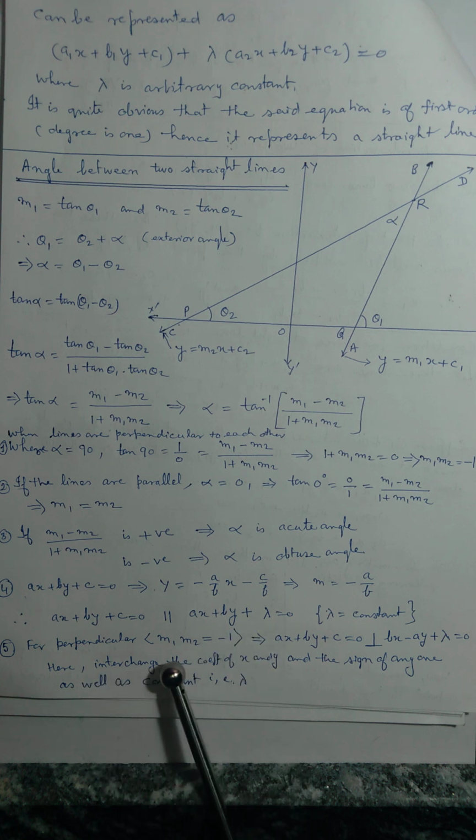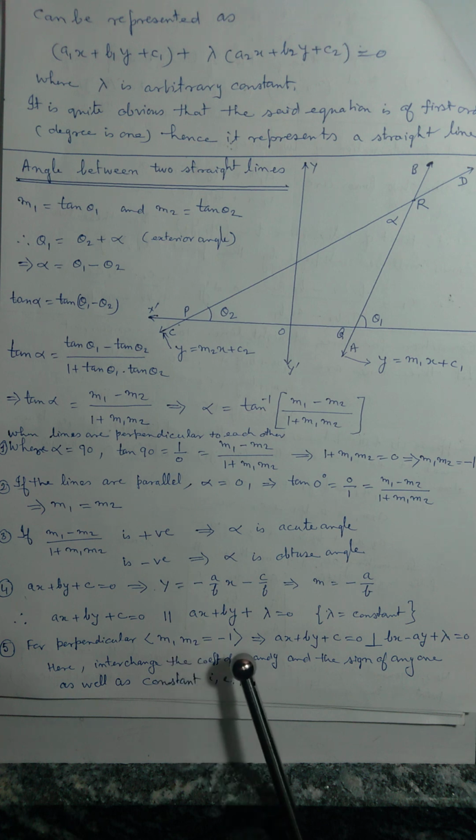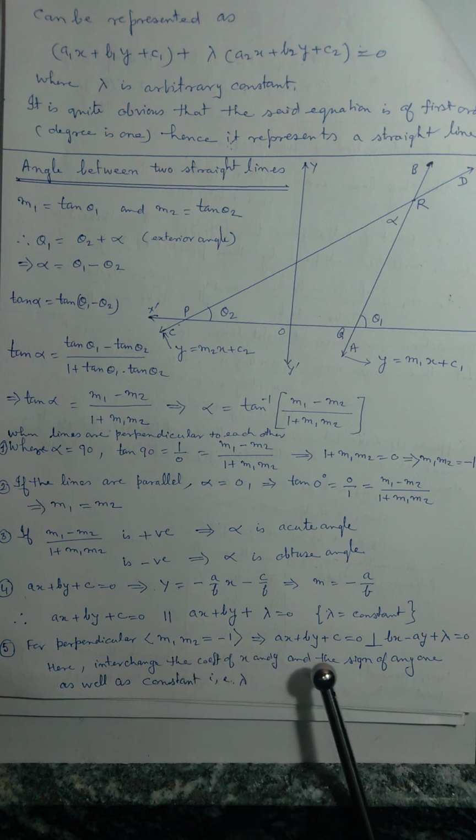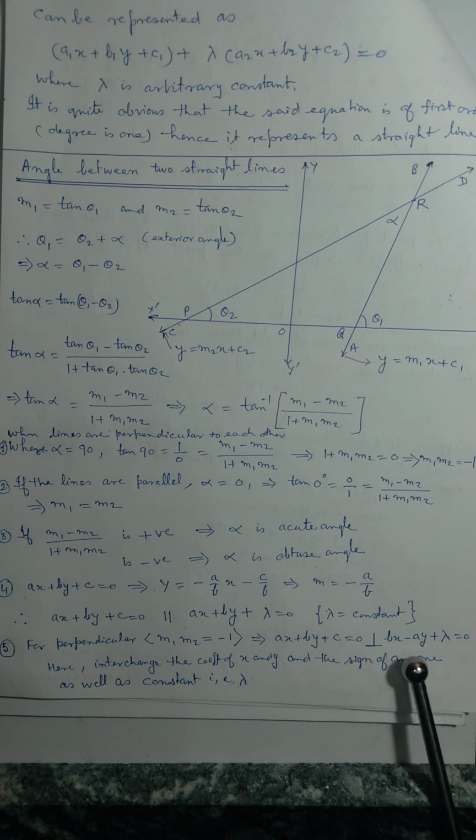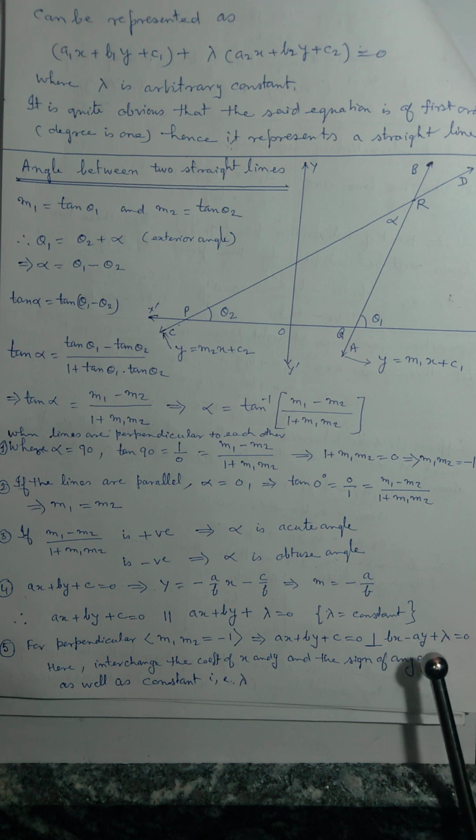For the perpendicular case, where the product of the slopes is equal to minus 1, ax plus by plus c equal to 0 is perpendicular to bx minus ay plus lambda equal to 0.